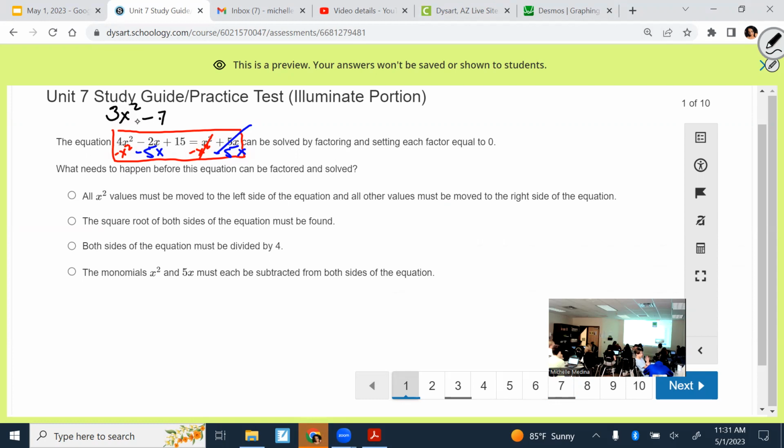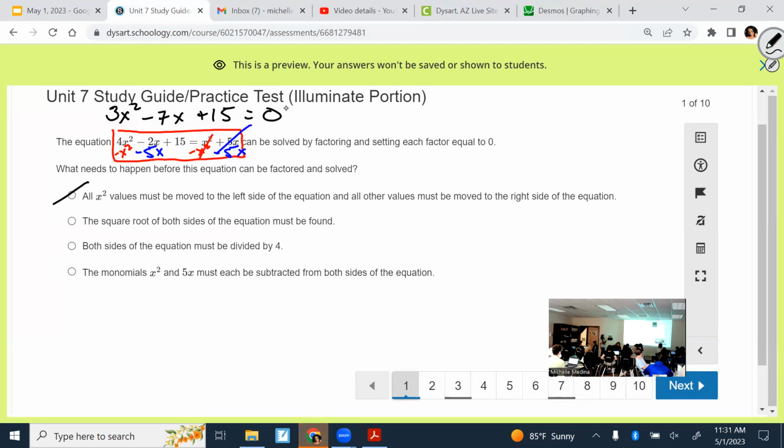Negative 7x. The 15 doesn't have a like term, but now it's equal to 0. Now you could continue solving, but this one just wants to know what needs to happen before it can be factored and solved. So, process of elimination. All x squared values must be moved to the left, and all other values must be moved to the right. Yes or no?